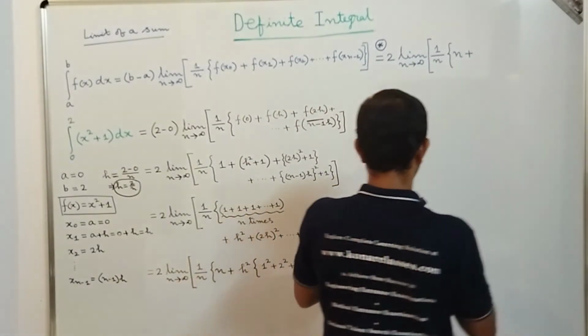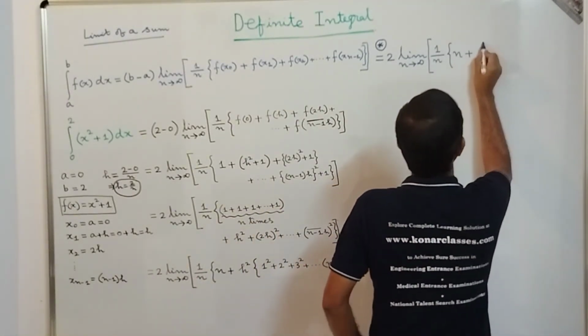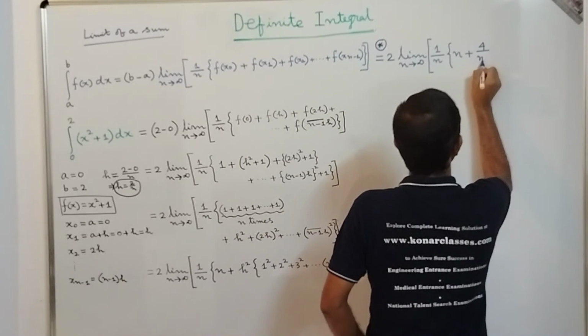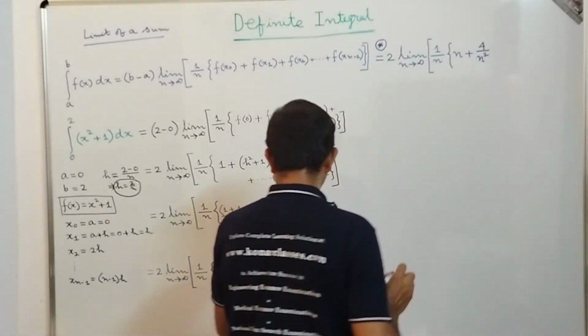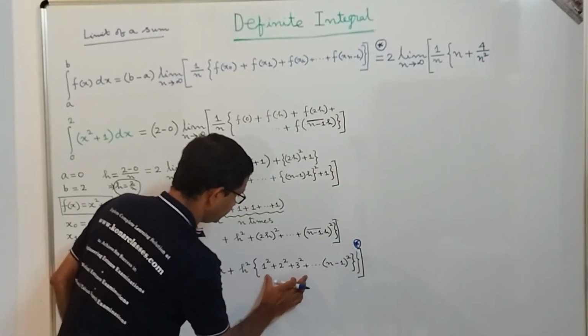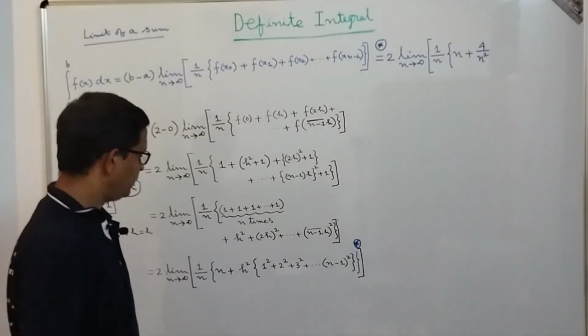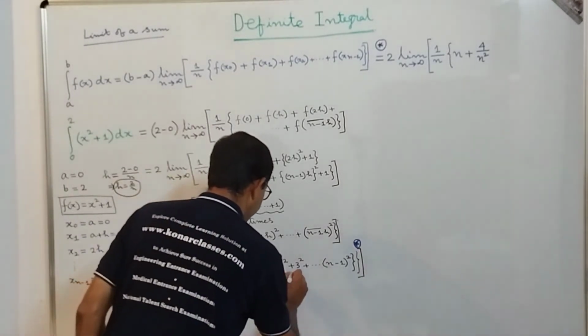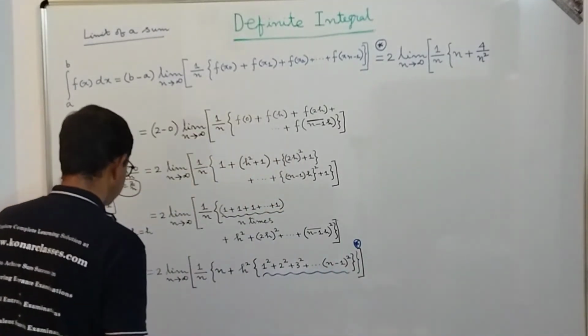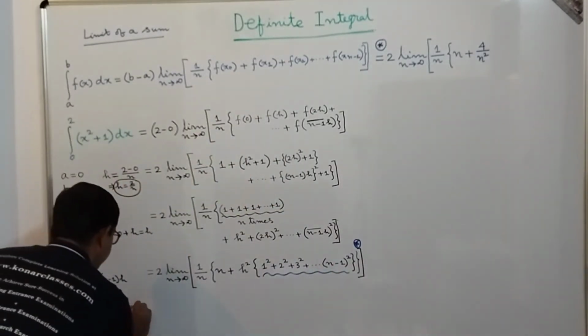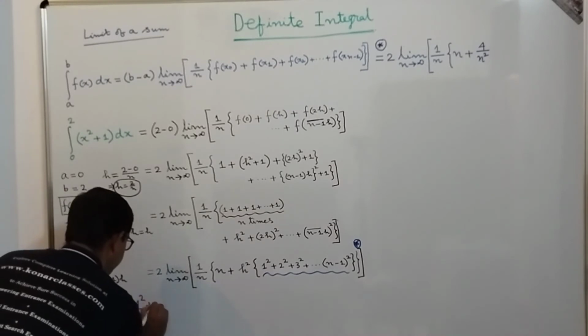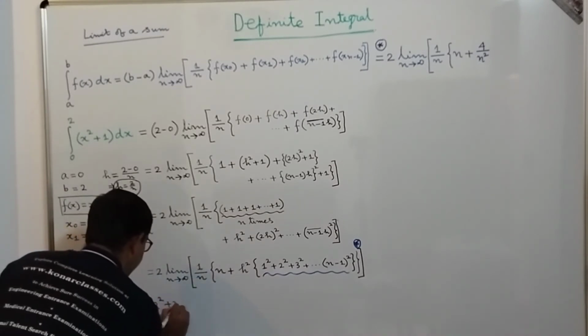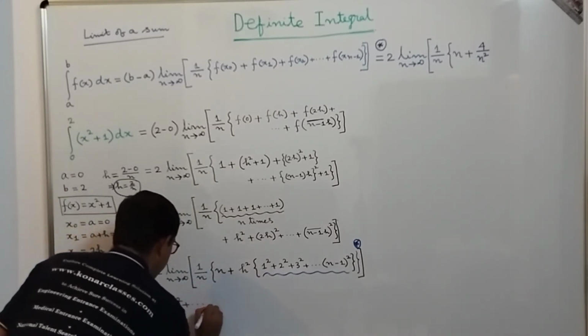Okay, dear students. So we can write 4 by n square into the sum of this series. If you recall, what is the sum up to the first n terms, 1 square plus 2 square plus 3 square up to n square?